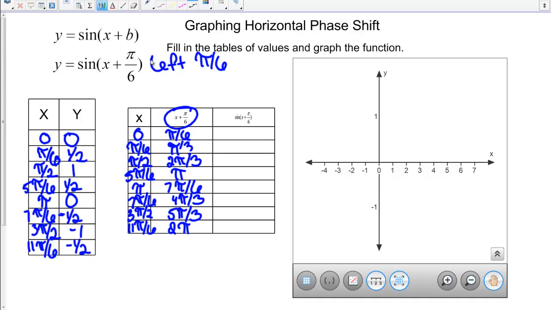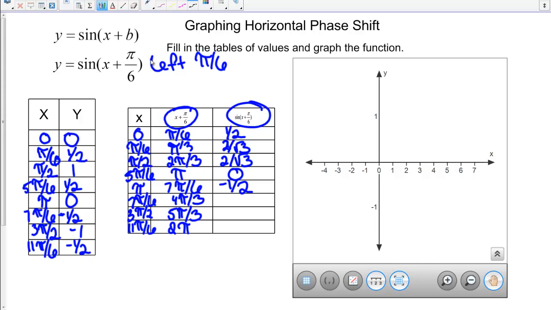And then we want to find sine of each value. Sine of pi over 6 is 1/2. Sine of pi over 3 gives me 2 over square root of 3. Sine of 2 pi over 3 gives me 2 over square root of 3. Sine of pi is 0. Sine of 7 pi over 6 is negative 1/2.